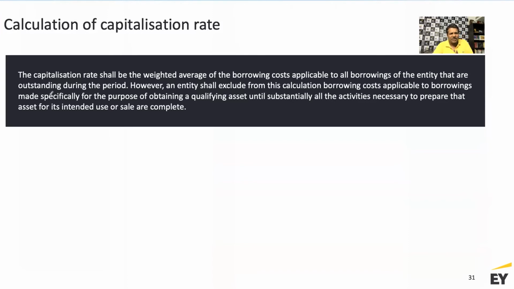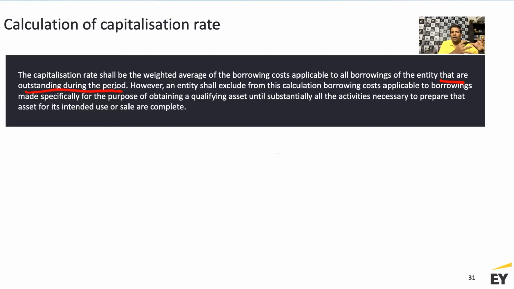The capitalization rate shall be the weighted average of the borrowing cost applicable to all borrowings of the entity that are outstanding during the period. However, an entity shall exclude from this calculation borrowing cost applicable to borrowings made specifically for the purpose of obtaining a qualifying asset until substantially all the activities necessary to prepare that asset for its intended use or sale are complete.